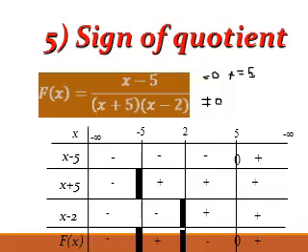And now the discussion is as previously. If I want it positive, then it's from minus 5 to 2, union 5 to plus infinity. If I want it negative, then it's from minus infinity till minus 5, union 2 till 5.